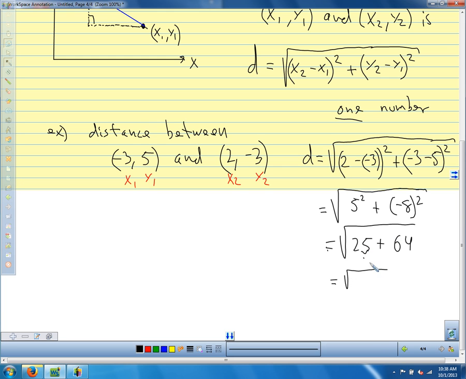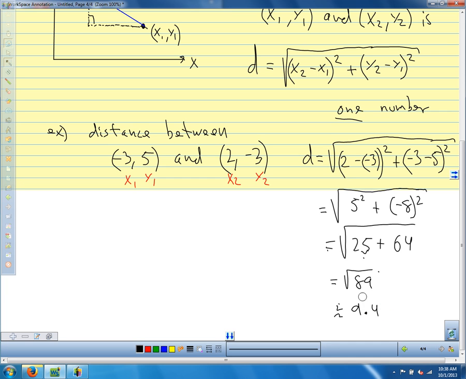The square root, so 25 plus 64 is 89, square root of 89, and then I would plug that in my calculator and calculate. So let me grab a calculator. We'll calculate the square root of 89. About 9.4. So I'm going to say approximately 9.4.